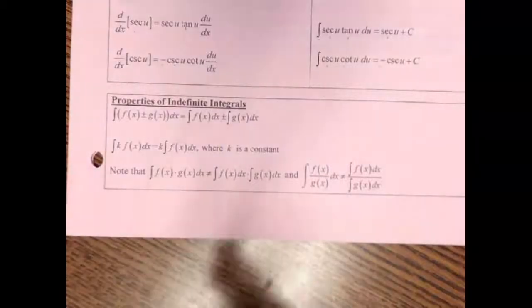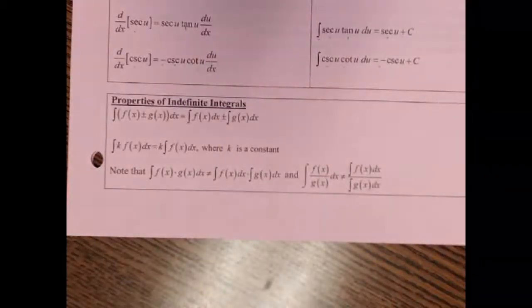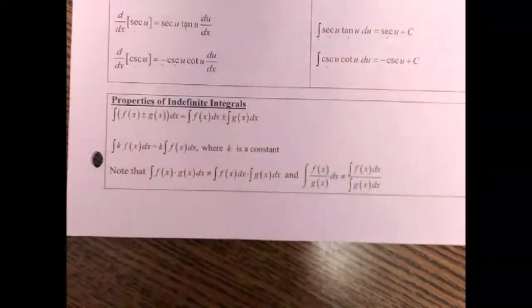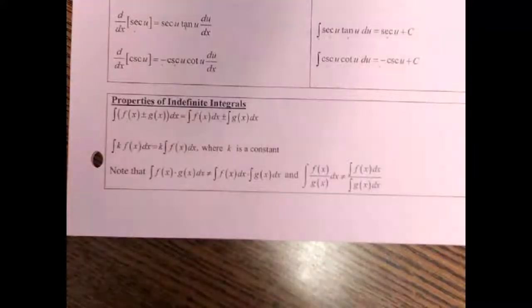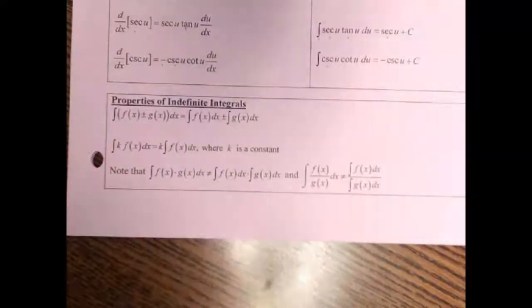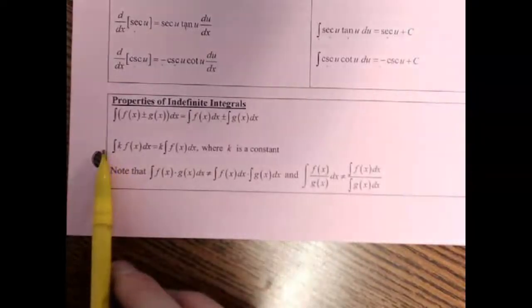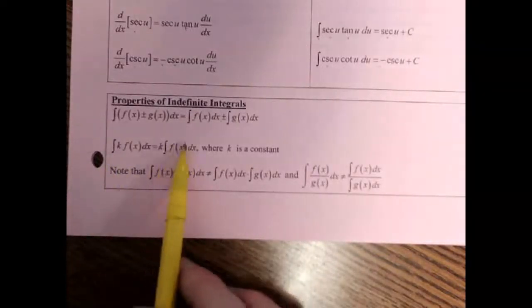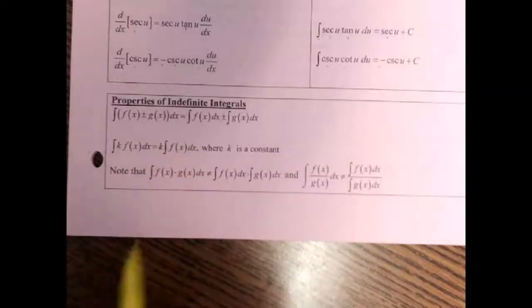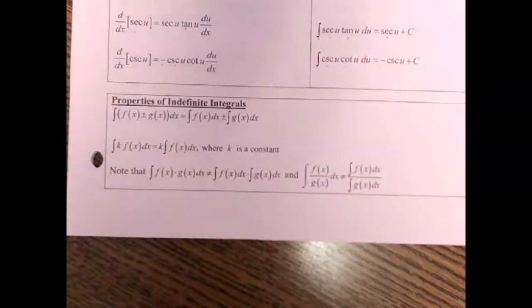No problem. Just like with derivatives and limits, adding and subtracting is not an issue. Also, having a coefficient is not a problem. If you have some number out in front of your x, you could factor that number out, integrate the variable part, and then stick that number back in at the end.